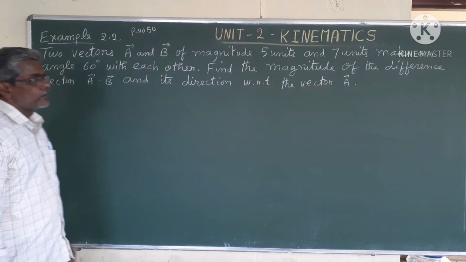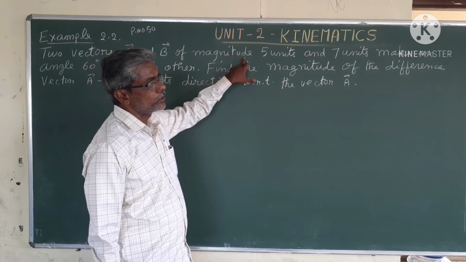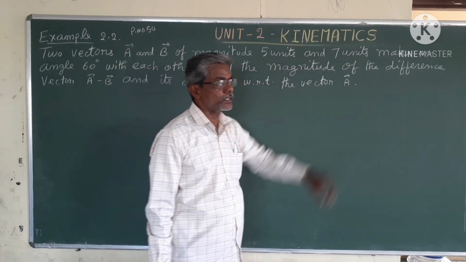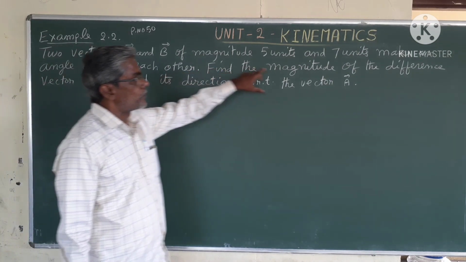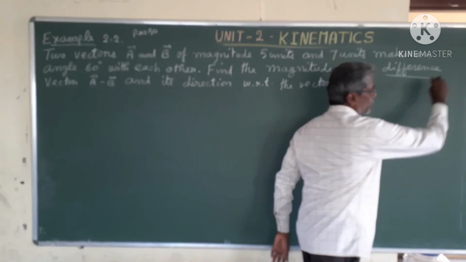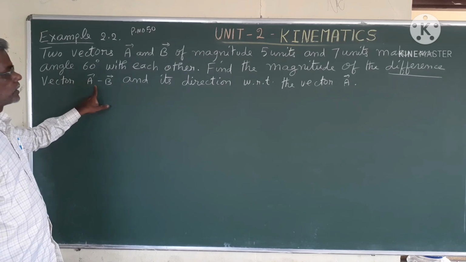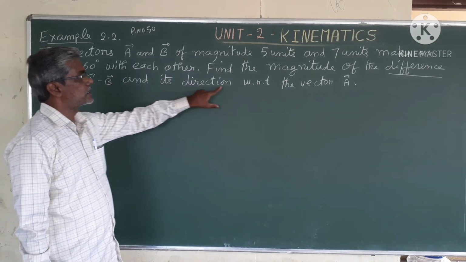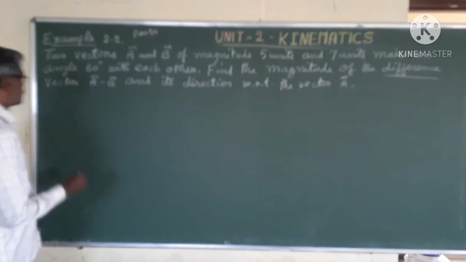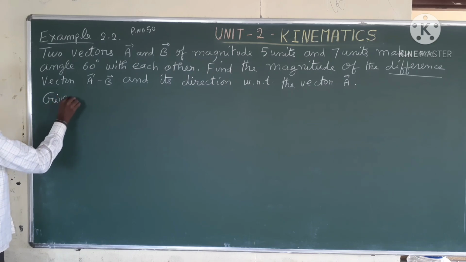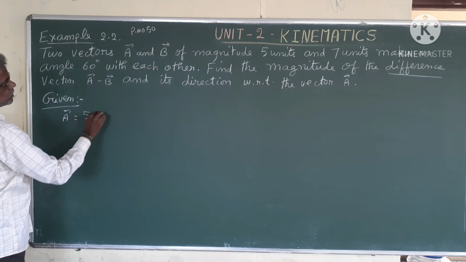So now we see an example 2.2. Two vectors A vector and B vector of magnitude 5 units and 7 units make an angle 60 degree with each other. Find the magnitude of the difference of vector A vector minus B vector and its direction with respect to the vector A vector. So what is given? A vector is equal to 5 units.